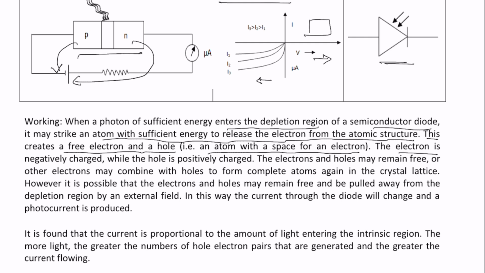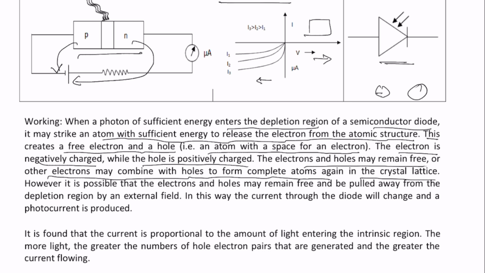The electron is negatively charged while the holes are positively charged. The electrons and holes may remain free, or other electrons may combine with the holes to form complete atoms again. So there is the concept of hole as a charge carrier, and electron as a charge carrier, that we know, in the crystal lattice.